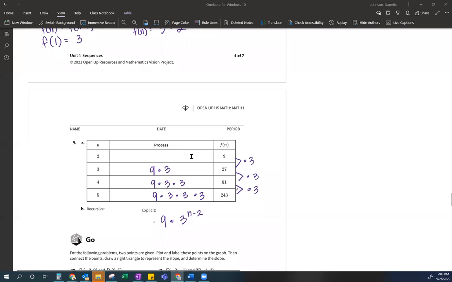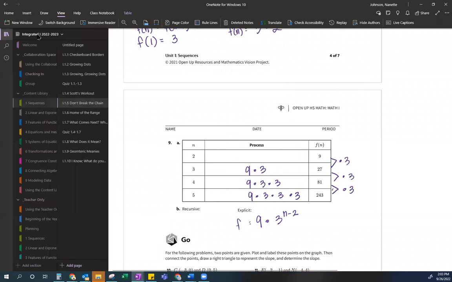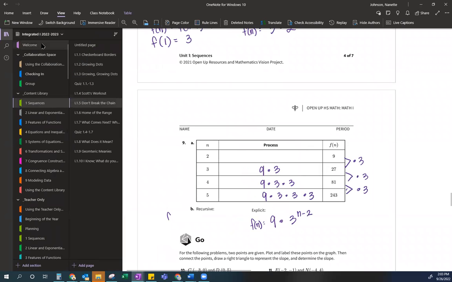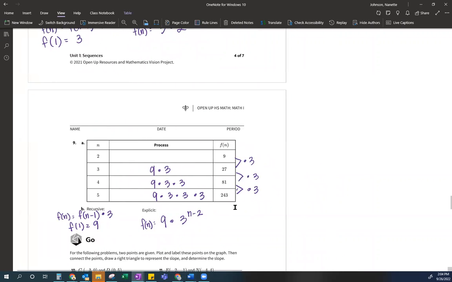Okay, so one of the things that I would really like you guys to get better at is this. Where does this 3 show up in my rules, right? So where does this 3 show up? And so hopefully you guys are seeing like, man, I see that 3 everywhere.